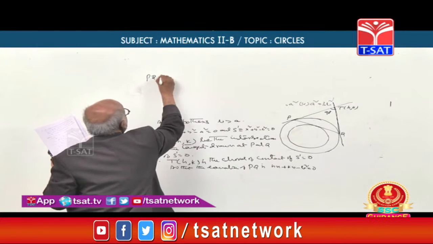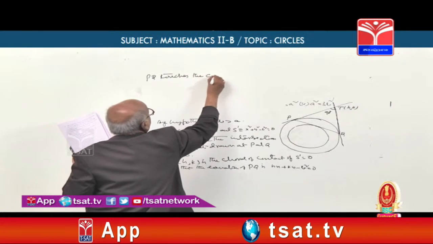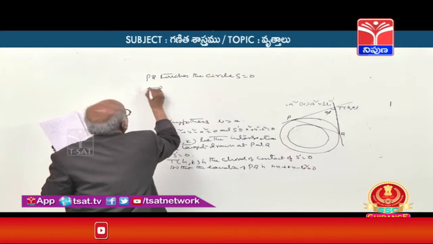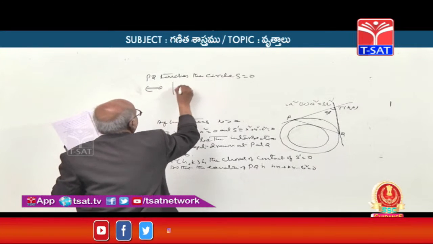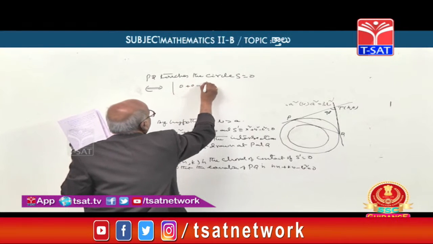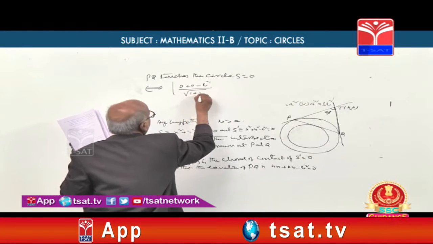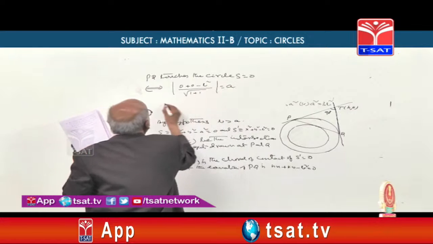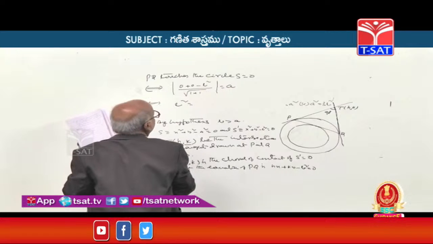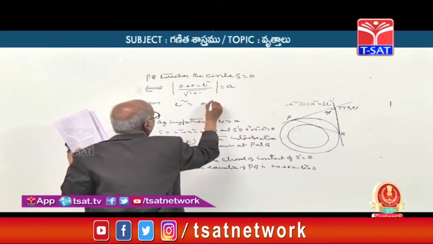This is the chord of contact. So, therefore, PQ touches the circle S equal to 0 if and only if modulus of (0 plus 0 minus b square) by square root of (1 plus 1) is equal to a. So, that is if and only if b square is equal to a root 2.